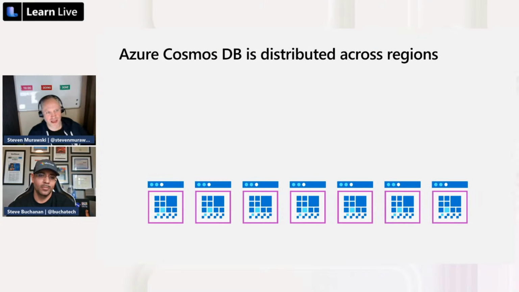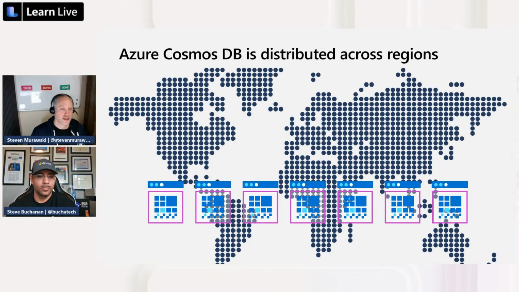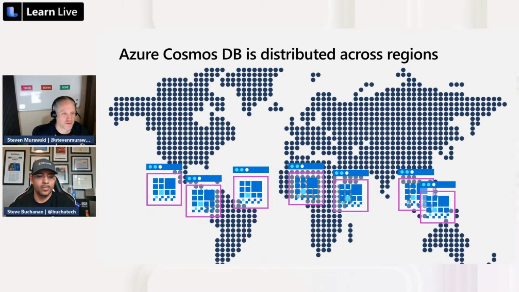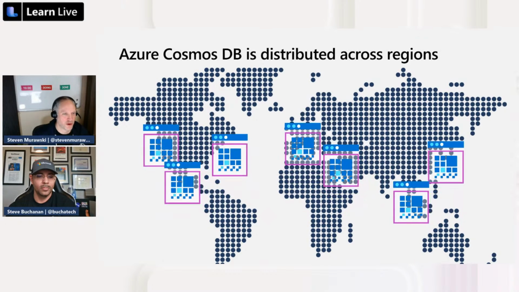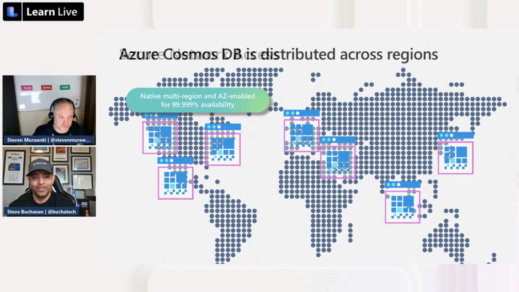Now, just a little bit about Cosmos DB. It's a distributed database across regions. And of course, you'll see a map similar to this when we drop into some of the demo. But it has multi-region and availability zone support, which gives it some crazy uptime and accessibility.